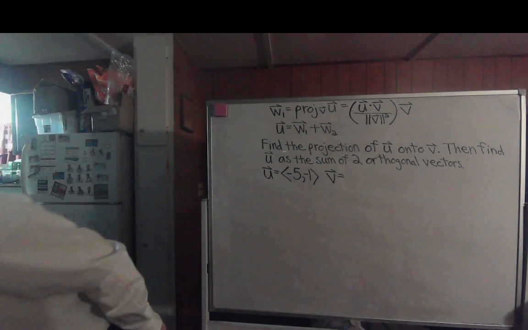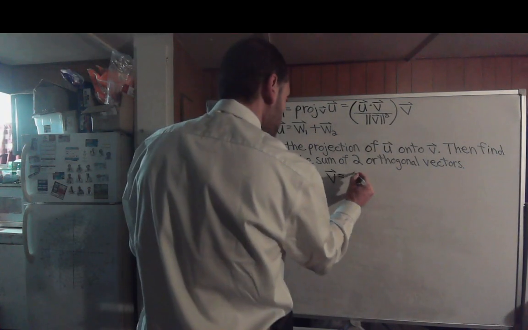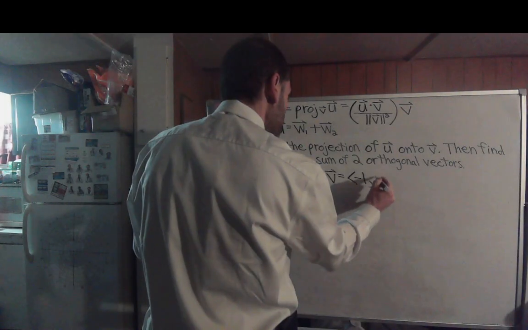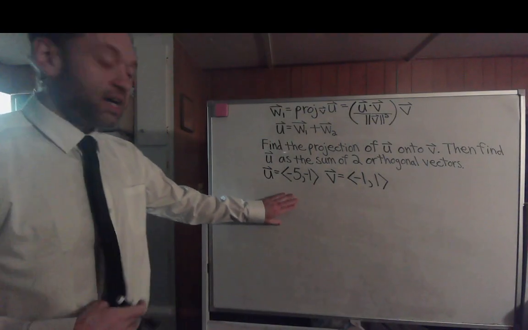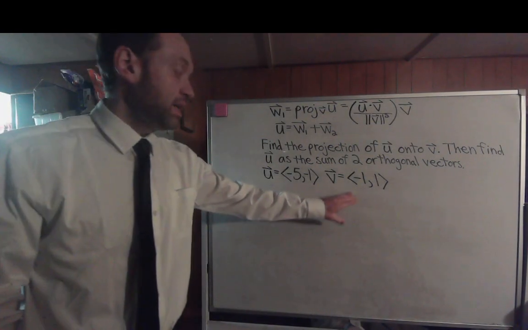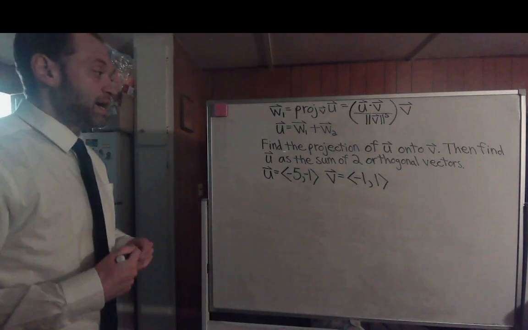Vector v is -1, 1. Alright, so vector u is -5, -1. Vector v is -1, 1. So let's go ahead now.